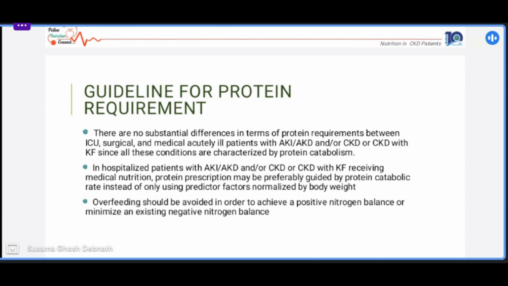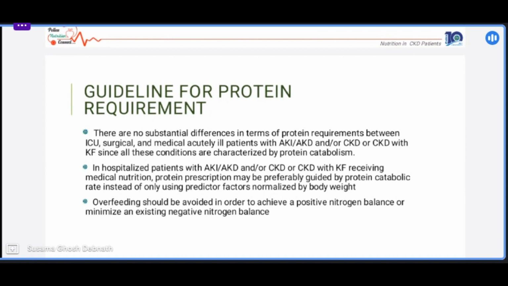For CKD patients, the diet principle is that fluid restriction should be there. And energy, yes, energy wise, it should be at least 25 to 35 kilocalorie per kg body weight per day. That means we have to deliver a high calorie diet.